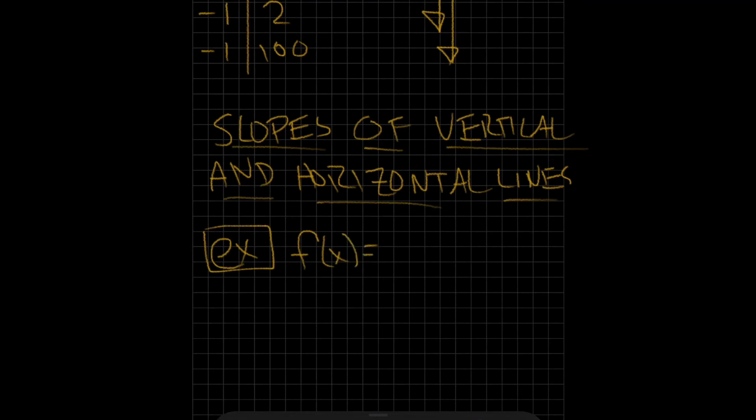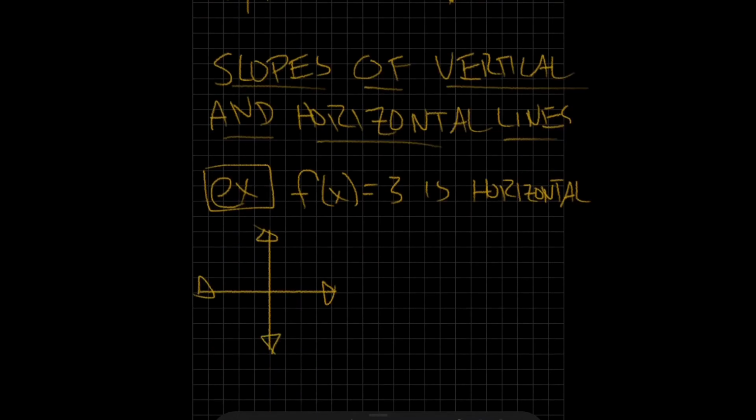F of x equals 3 is horizontal. And we know that the graph looks like so. Here's our x and y axes. And we have this line here, f of x is equal to 3. I'll highlight it so that you can see it really well. So this is our line, f of x is equal to 3.